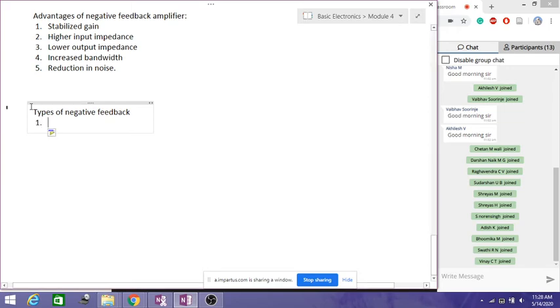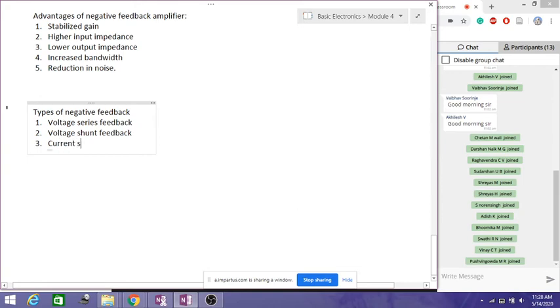The types of negative feedback: the first one is voltage series feedback, the second is voltage shunt feedback, the next one is current shunt feedback, and current series feedback.